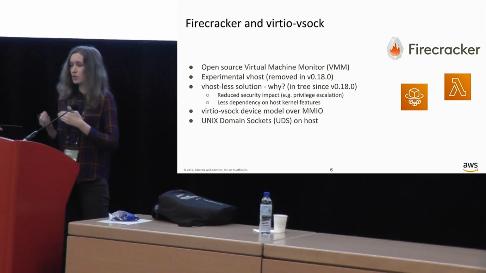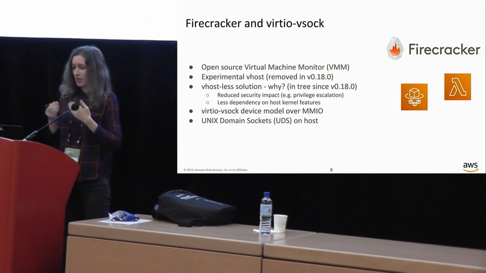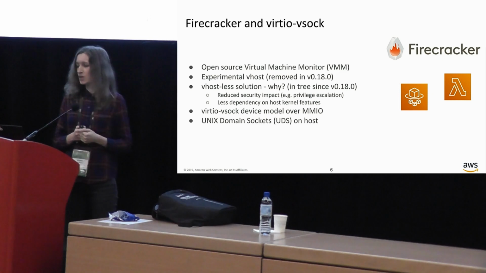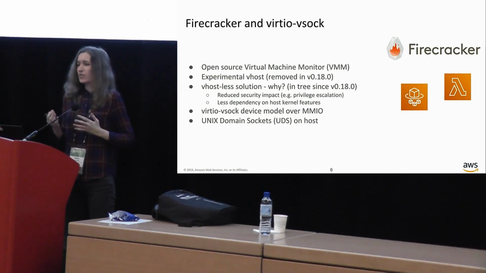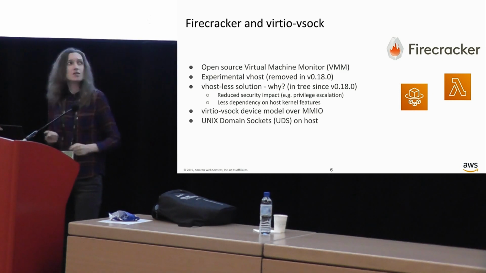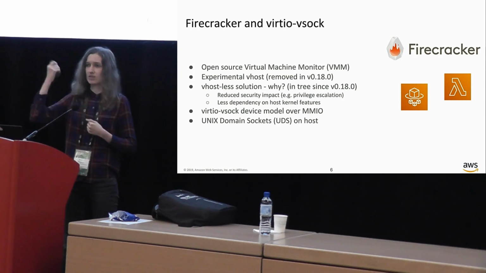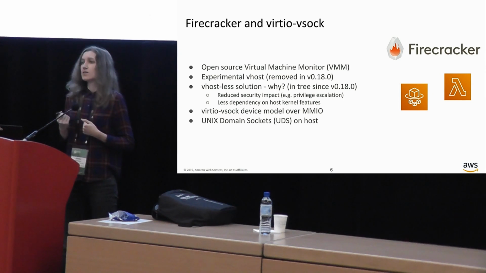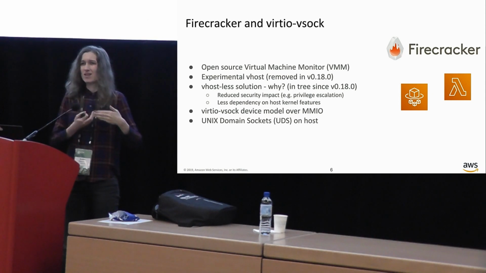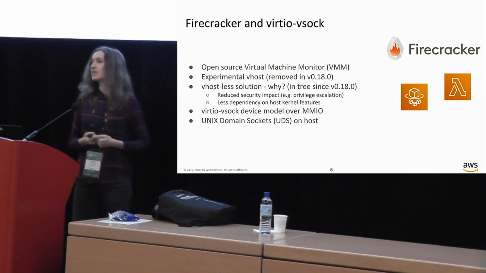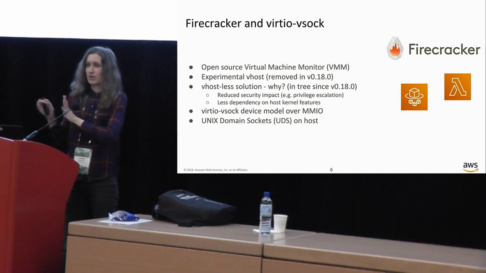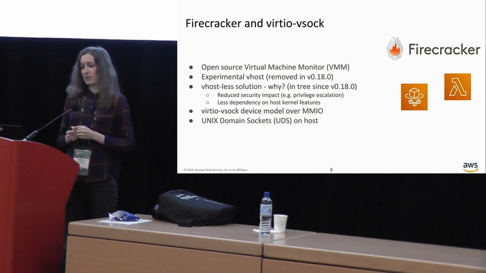And why did we need to move from that implementation to the one with the Unix domain socket? First of all, it was the security impact. Before, we've been talking about the host having direct access to the guest buffers, so there could be an issue in the vhost driver, and there could also be a privilege escalation from this perspective.